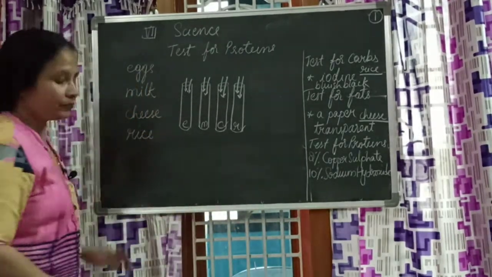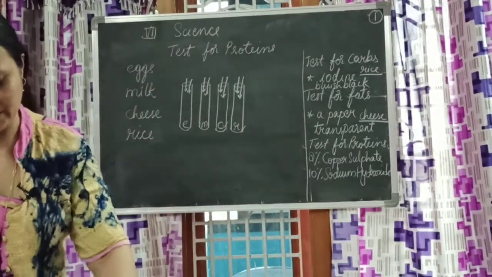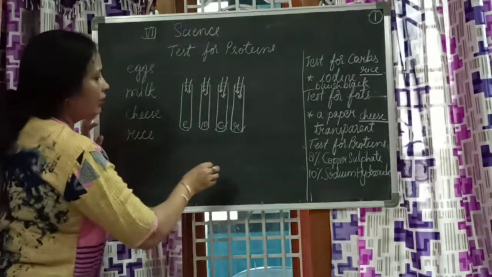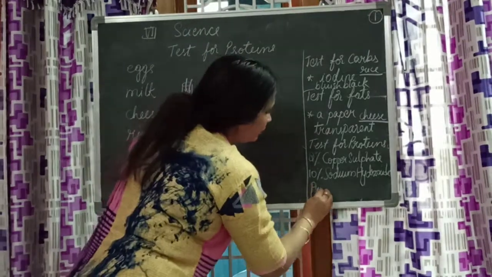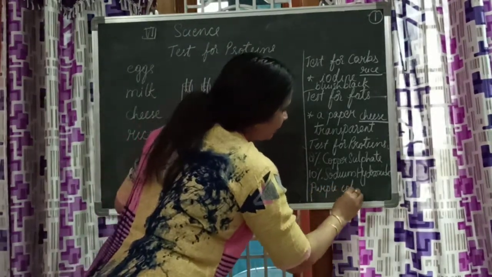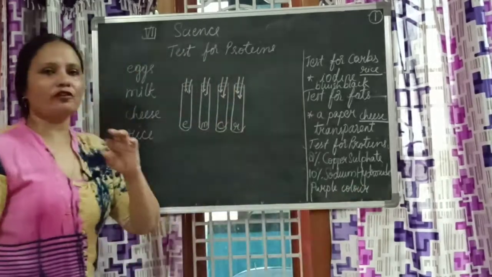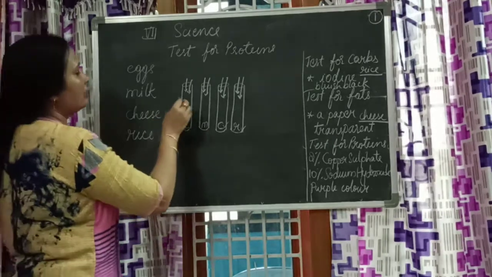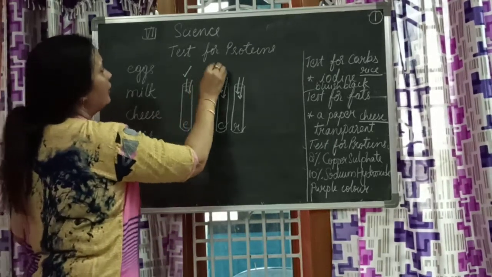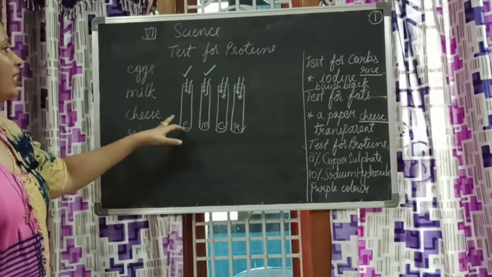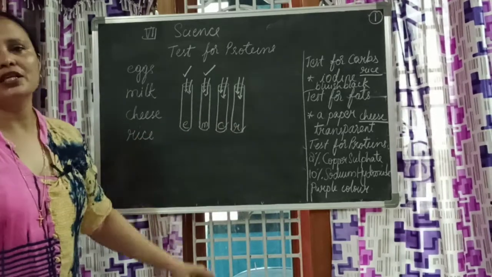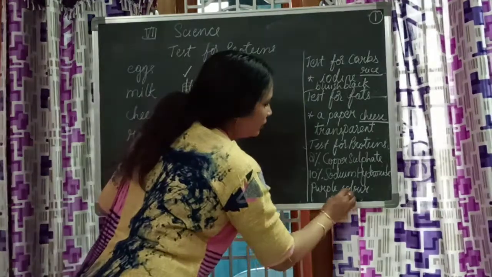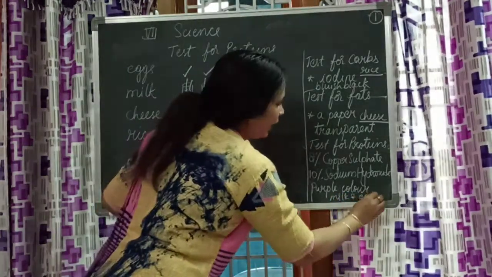If this turns purple color, then it shows the presence of proteins. So where can you see the purple colored difference? Here you can see, and here you can see. So milk has proteins and egg has proteins, while cheese and rice don't show that. So we understand that milk and egg have proteins.